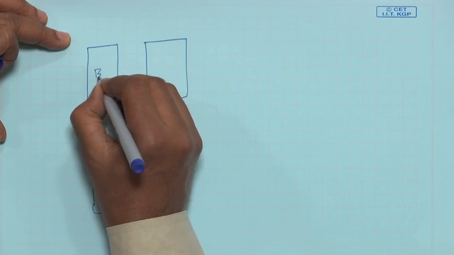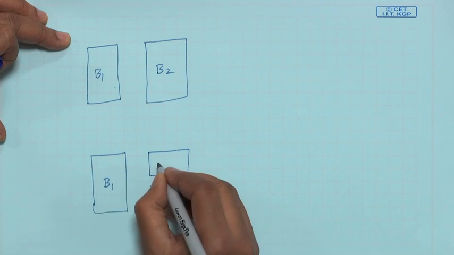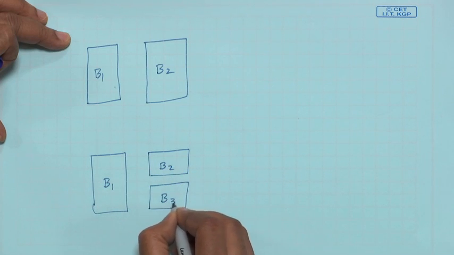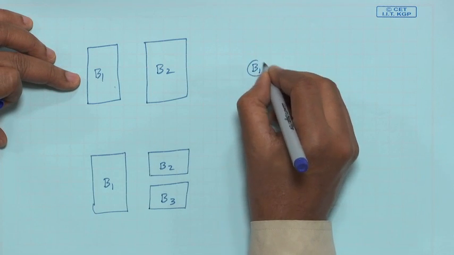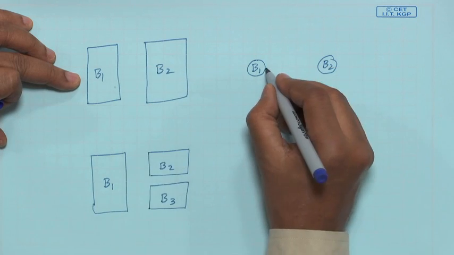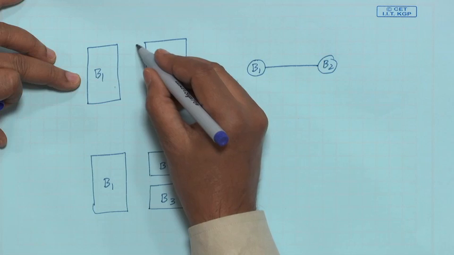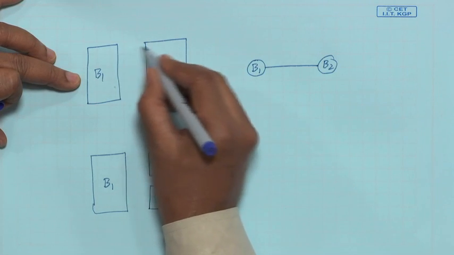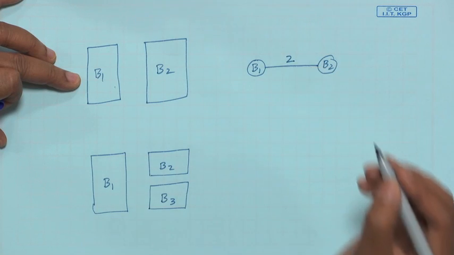let us say this is a block B1 and B2 and this is a block B1, B2 and B3. So, for this problem, let us say I have a vertex for B1, I have a vertex for B2, they are adjacent. So, they are connected together and you see their boundary is totally unblocked, you can use the entire boundary for connection. So, I give a weight of 2.